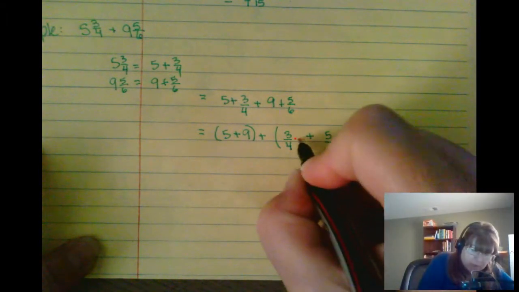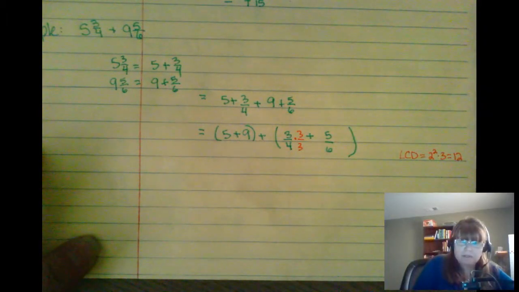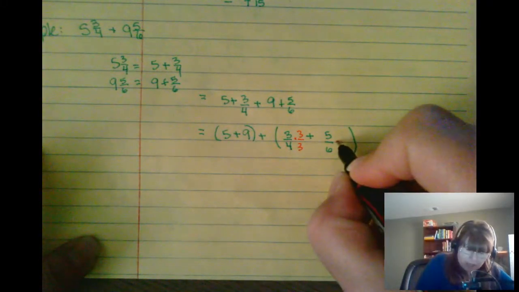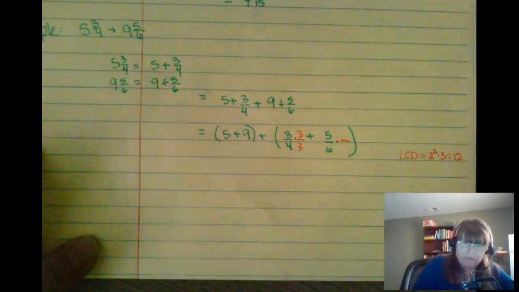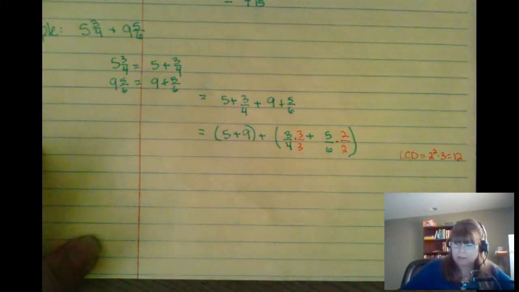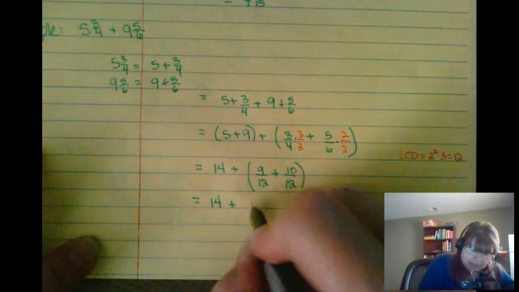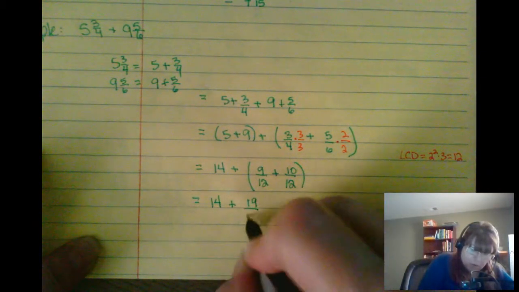Therefore, I need to multiply 4, the denominator, by 3, and the numerator by 3. Likewise, for 6, the lowest common denominator is 12, so I need to multiply the top and the bottom by 2. This will give 14 plus 19 over 12.